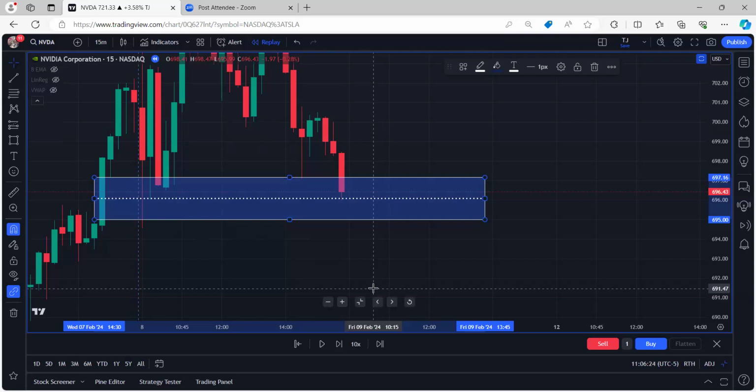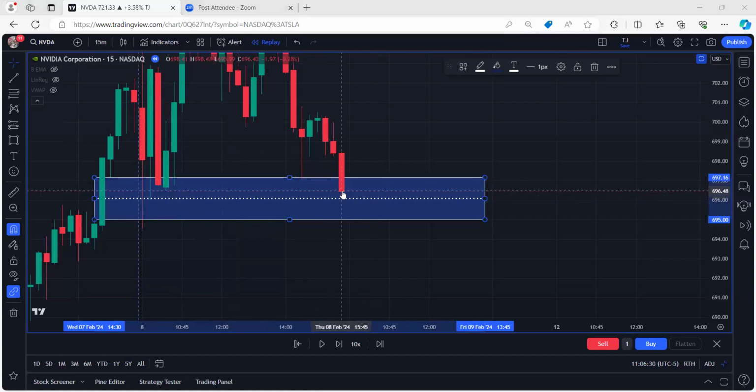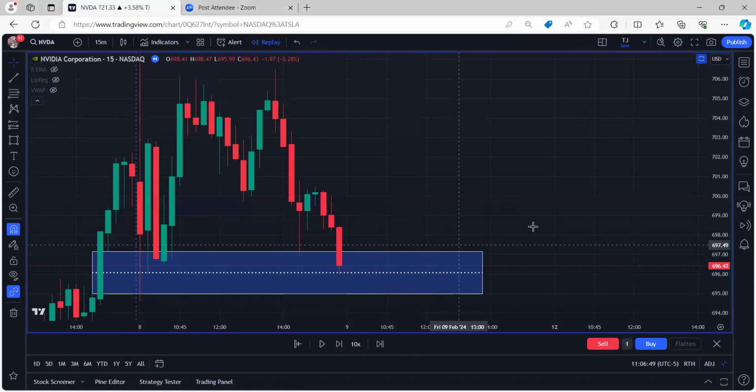Inside the fair value gap, above 50% of the fair value gap. So yes, it closed inside of there, but the wicks are doing the damage right now. Every single one of these candle bodies all closed above 50% of the fair value gap. And when the candle bodies close above 50% of the fair value gap, isn't that a good indicator that price wants to go up?